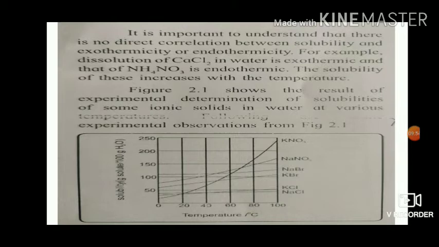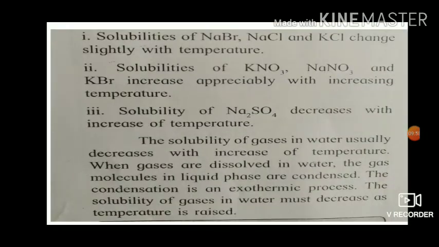In this graph, we see that the solubility of NaBr, NaCl and KCl changes slightly with temperature. Also we see the solubilities of KNO3, NaNO3 and KBr increase appreciably with increasing temperature.